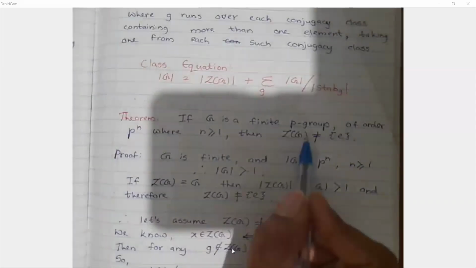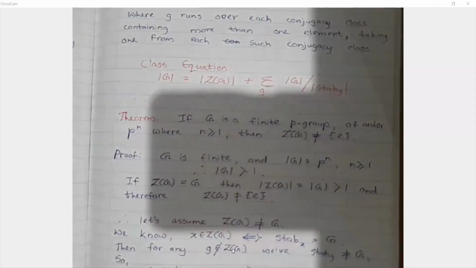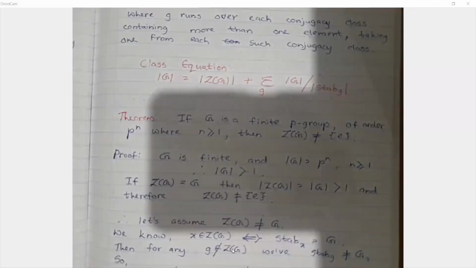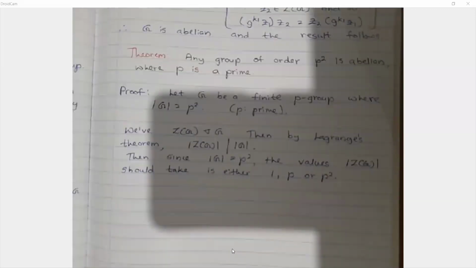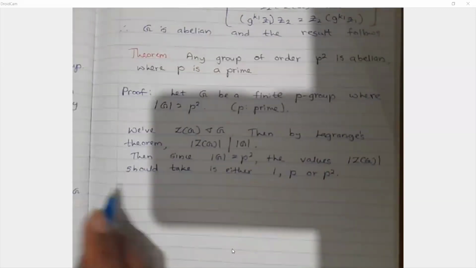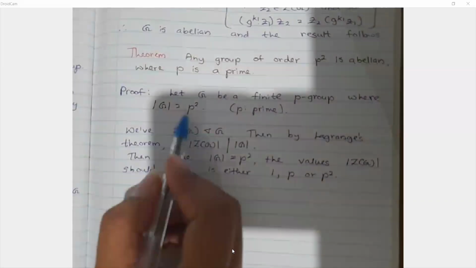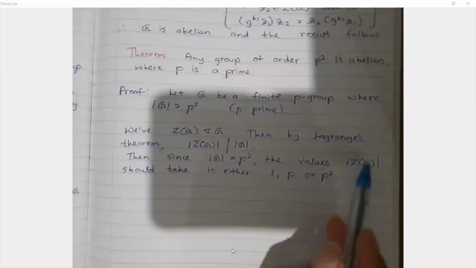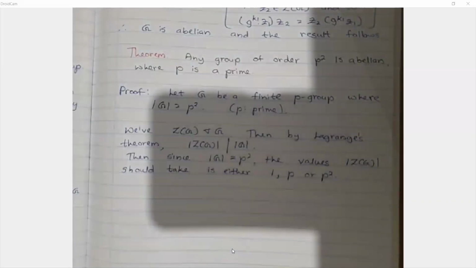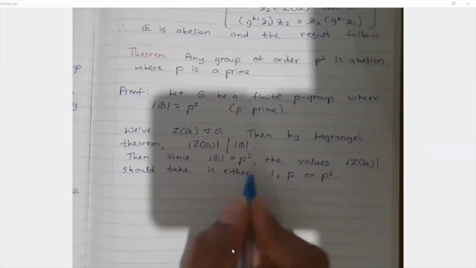Then the center of G is non-trivial. If it is non-trivial, it has more than one element. So from that previous theorem, because G's order is p squared, the center of G is non-trivial, so its order must be greater than 1. So it cannot equal 1. We can disregard the first one, but we have to write it.